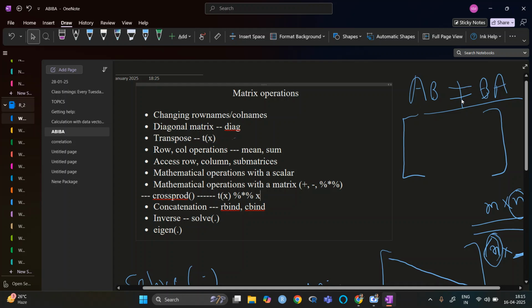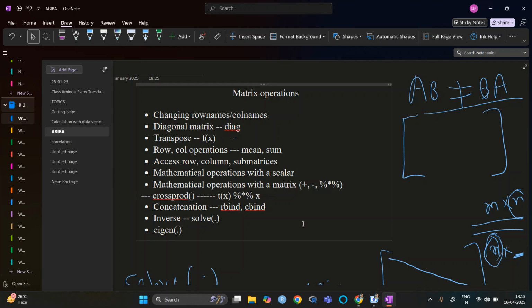So when you do the cross product, it is not x multiplied by transpose of x, it is transpose of x multiplied by x. But the reason cross product is used is that when you have a large matrix, it can give you the results faster than this multiplication.